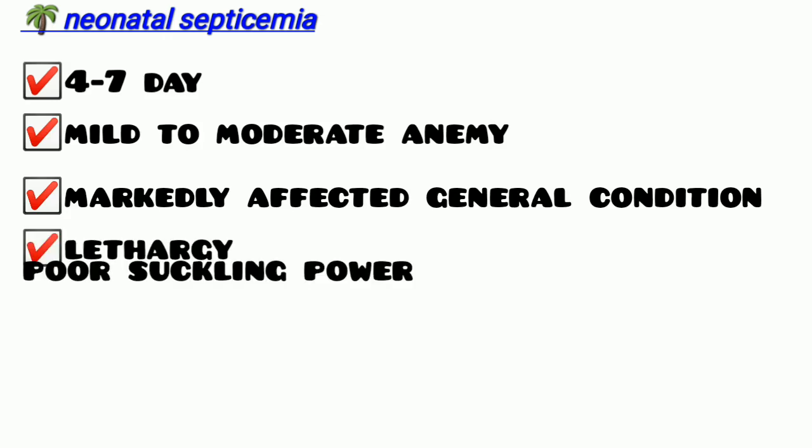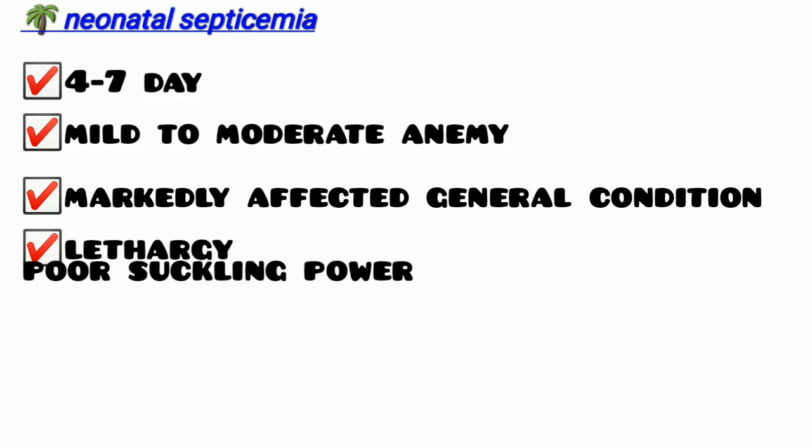The third cause is neonatal septicemia. Usually it appears between the 4th and 7th day or later, but if it occurs late, usually it becomes moderate in severity. Anemia, if present, is usually not severe. The most important clinical sign is the markedly affected general condition. The baby is not doing well, with lethargy, poor suckling, vomiting, fever, or hypothermia.